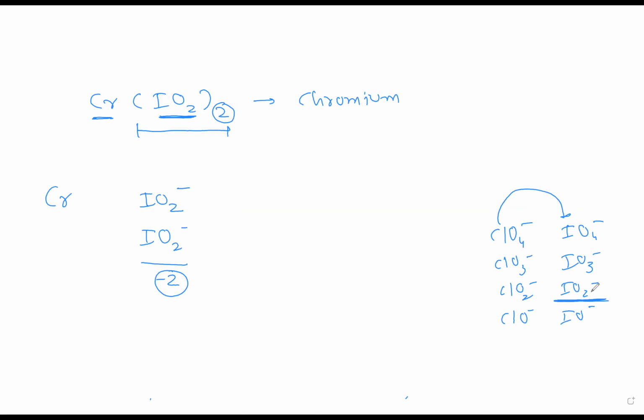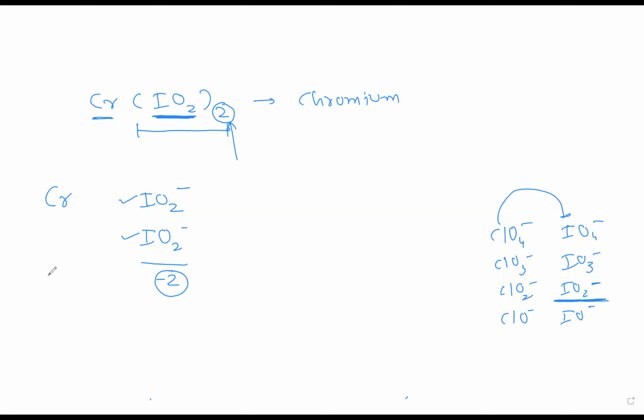Each of these carries -1 charge. In this example, we have 2 of those anions, IO2 in parentheses 2 times. Each of them is carrying -1 charge, so the total negative charge is -2.